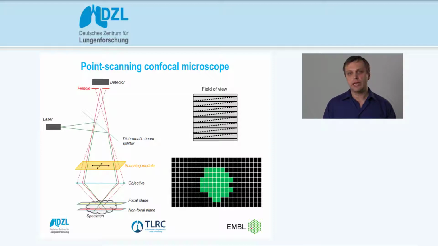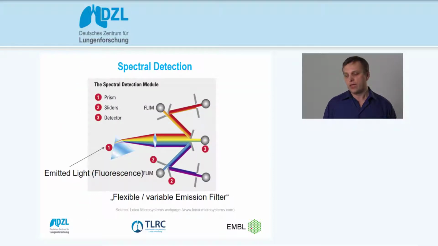Now we would also like to acquire images in multiple fluorescence channels in order to be able to distinguish different molecular species. This can be nicely implemented on the confocal microscope by sending the emitted light, which passes the pinhole, through a prism, or another more complicated optical system, which allows separating photons with different wavelengths in different directions.